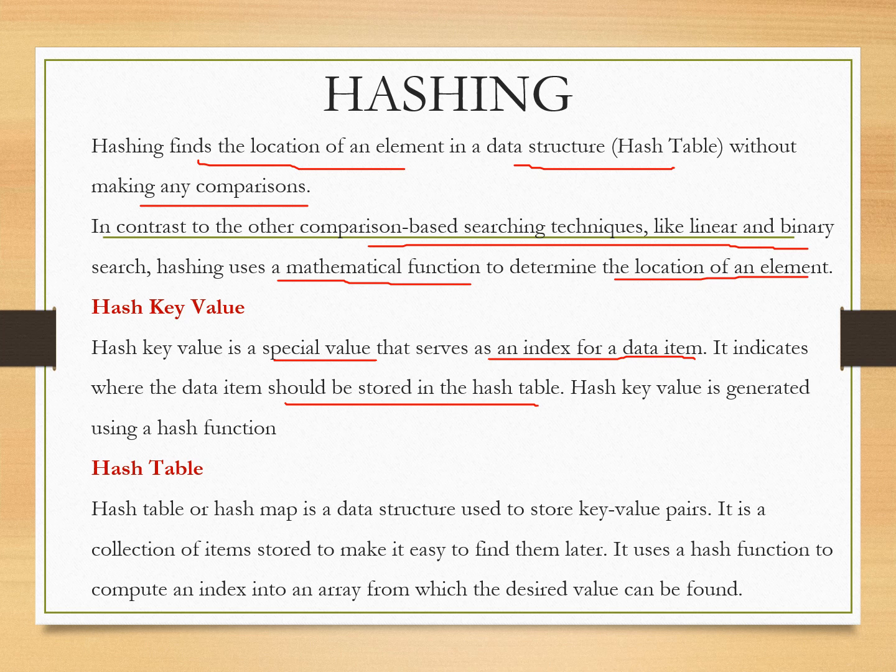How is this hash value generated? That is with the help of a hash function. The next terminology is hash table. This is a special data structure which is used to store the key value pairs. Key is the data that you want to insert, and value is the index wherein the data will be inserted. To store this key value pair, you have a data structure, and that data structure is your hash table.